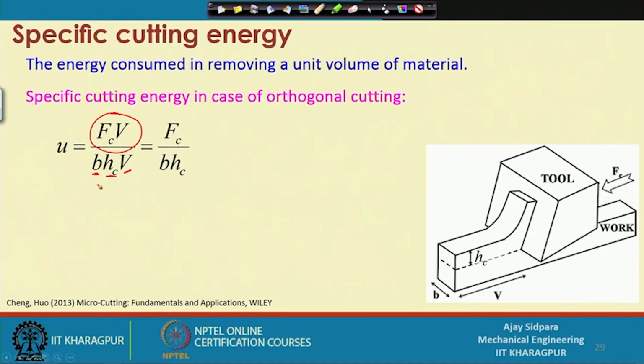So, here you will get millimeter cube per minute or second, whatever you are getting, then this V will go away and your equation is shortened to Fc divided by B into Hc. So, this is the shorter version of the equation for specific cutting energy.